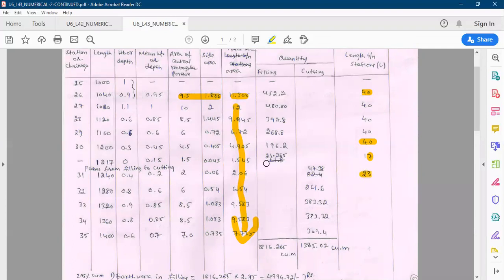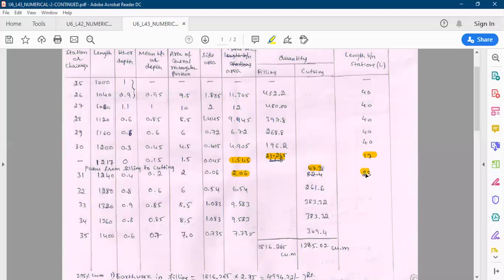When you are calculating this value, the total area 1.545 multiplied by 17 will give 21.26. Check this value, it may be around 26. Similarly, 47.38 is obtained by multiplying 2.06 by 23.